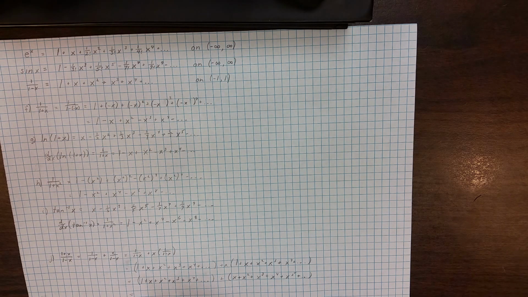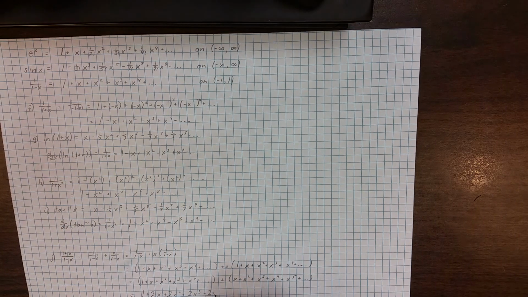And now it's just a matter of adding up like terms. We have a 1, we have an x and another x, so plus 2x. We have an x squared and another x squared, 2x squared, 2x cubed, 2x to the fourth power, and so on forever. And that is the technique.